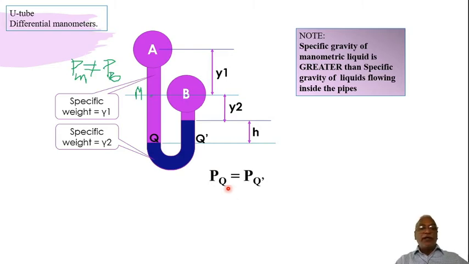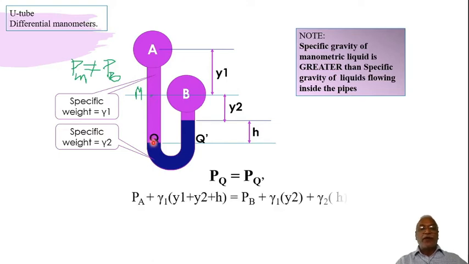Now, how do I write PQ? PQ can be written starting with point A, PA, and adding the pressure as you go downwards. Similarly PQ dashed is written on the same lines. PQ, I have written on the left hand side. I have started with point A; the pressure at point A is PA. I go down in liquid of gamma 1 unit weight.